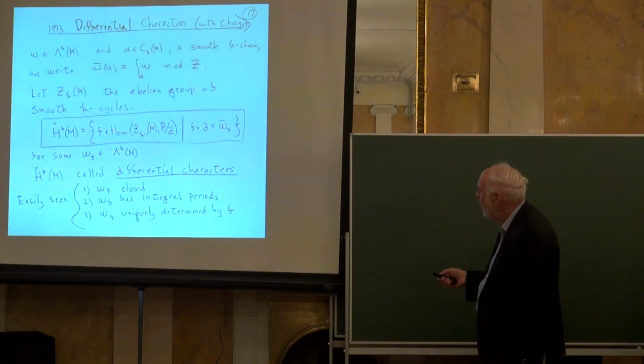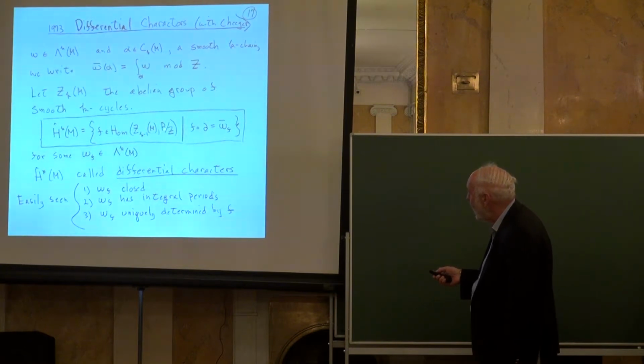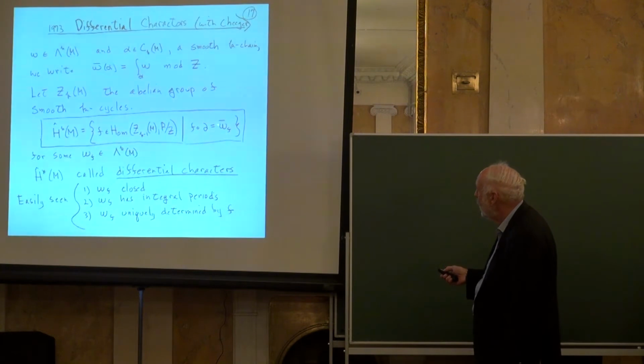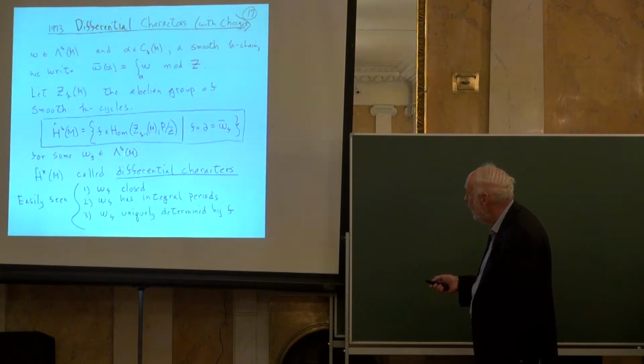It is the set of functions that are homomorphisms from the cycles into R mod Z, but with the property that if the cycle is a boundary, f of the boundary is the integral of a form reduced mod Z. So it has a very special property when the cycle is a boundary: it's the integral of a form reduced mod Z, for some k-form omega sub f.